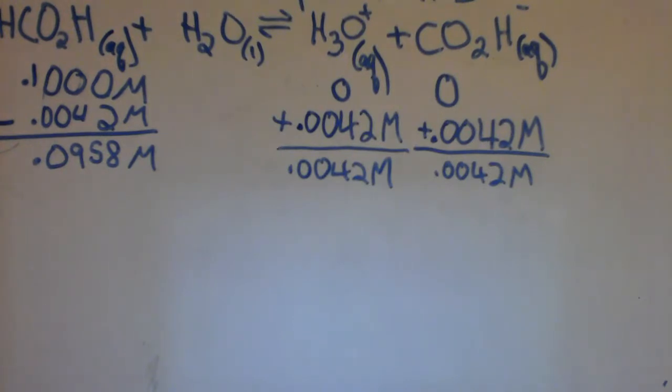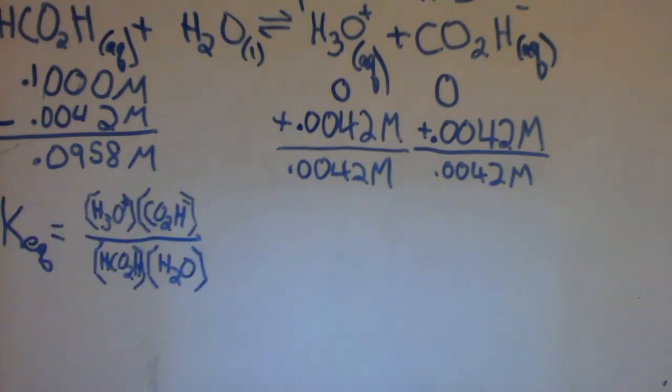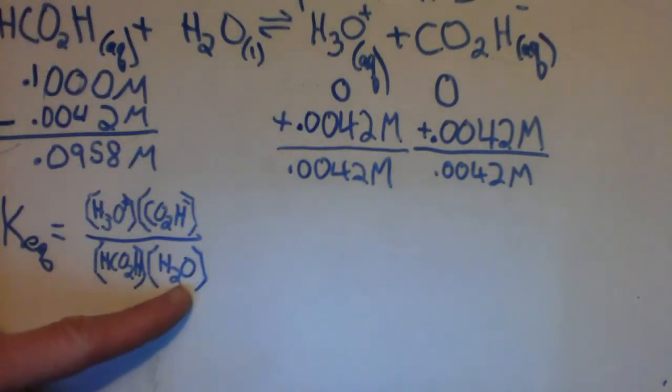The next thing we have to do is write the acid dissociation constant expression. I started out by writing the equilibrium constant expression, which has the concentrations of the two products on the top of the fraction and the concentrations of the two reactants on the bottom. Now, in order to get an acid dissociation constant, we have to realize that the amount of water in the reaction is a constant itself.